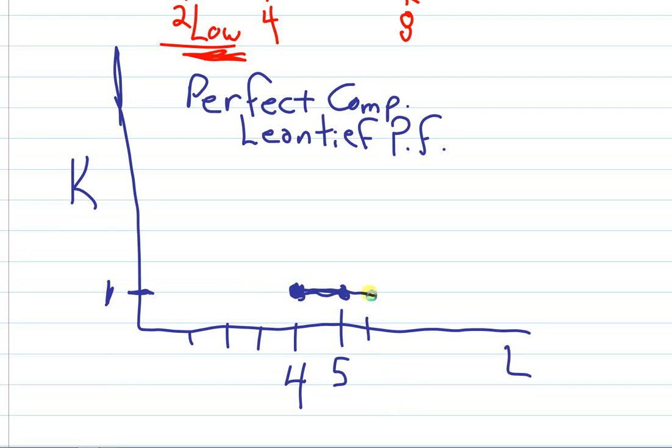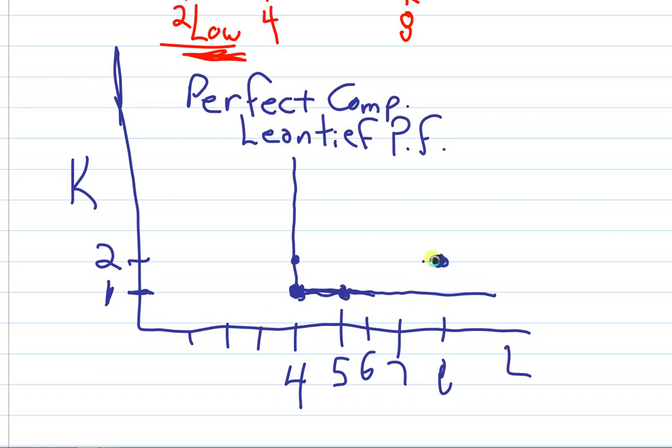And if you get a 6th worker, 7th worker, and you only have one machine, you can't get any more output. So the isoquant is going to be flat. Now, if you had, similarly, 2 machines and 4 workers, you'd get exactly the same amount of output also. You're not going to get any more output until you get to the ratio of 2 to 8.